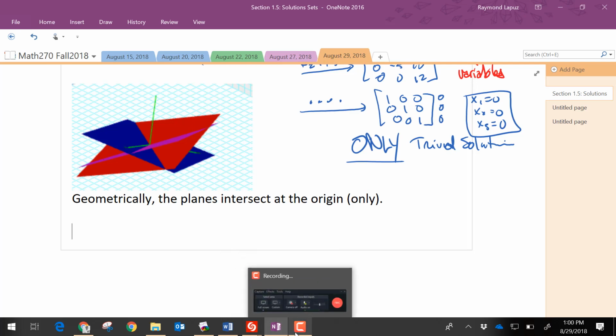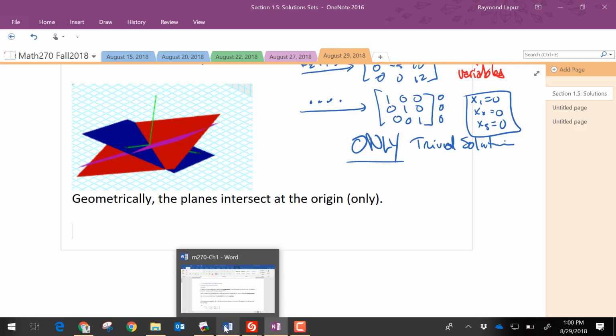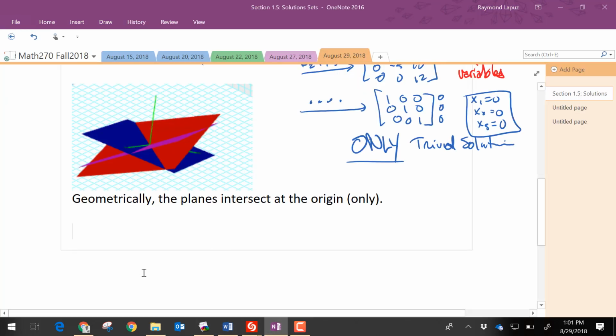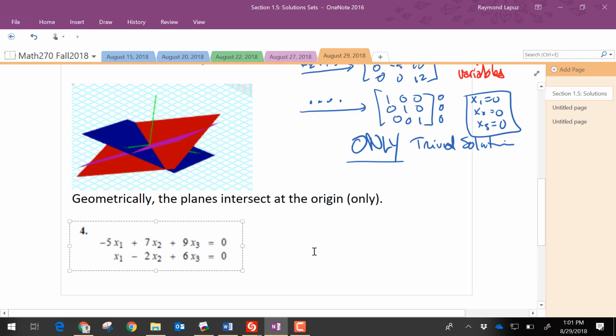All right. Another example. Let's do another example that gives us a non-trivial solution. And we'll see why this is guaranteed to give us a non-trivial solution. But you might know. Why do you think this would guarantee us a non-trivial solution?